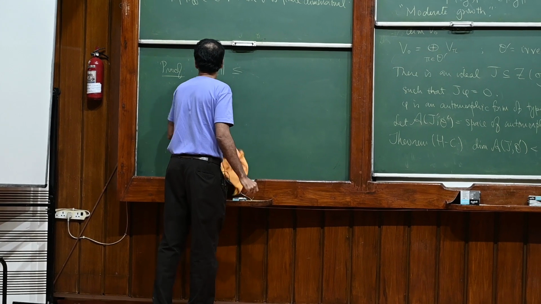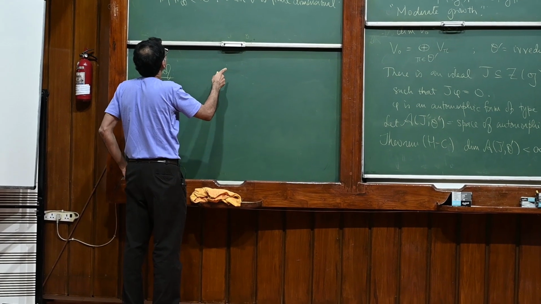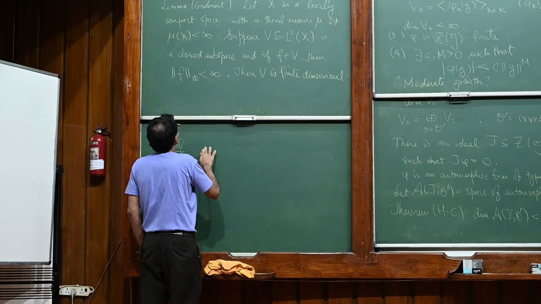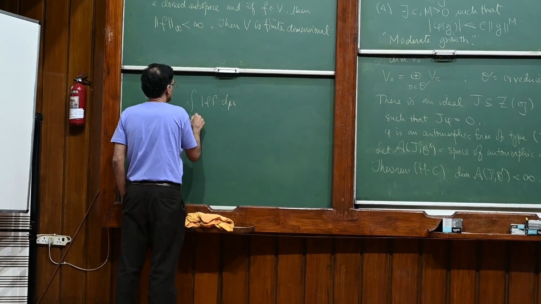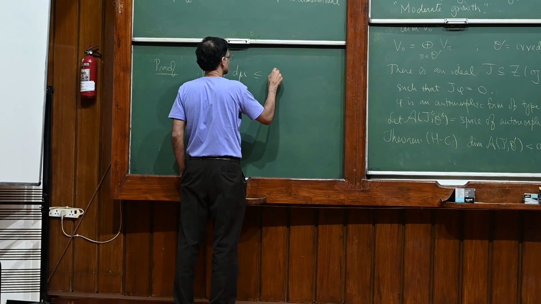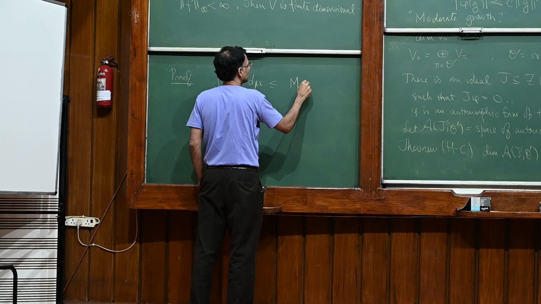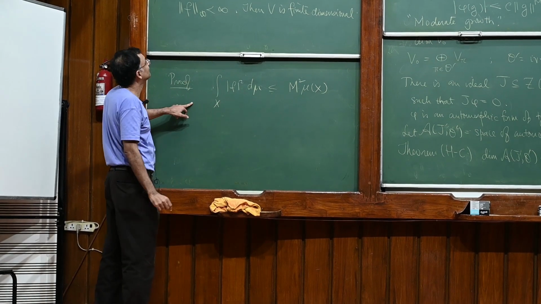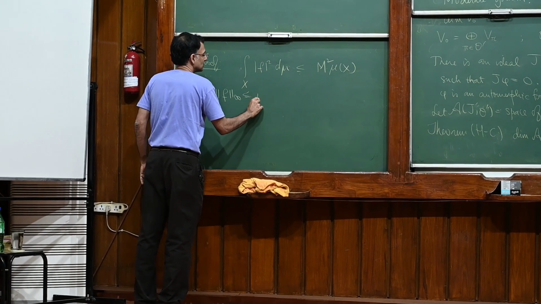So I have the integral of |f|^2 d mu on X, which is of course less than or equal to M squared times mu of X, if M is the L infinity norm.